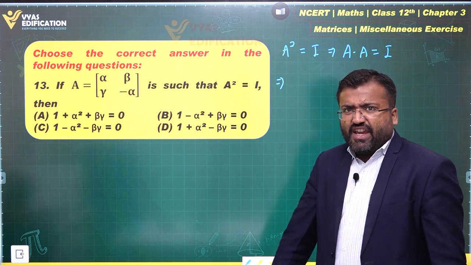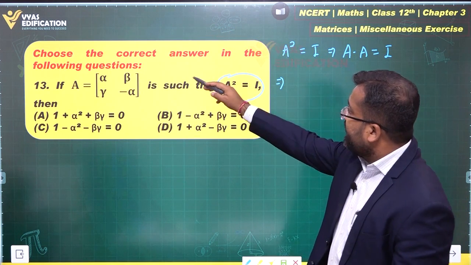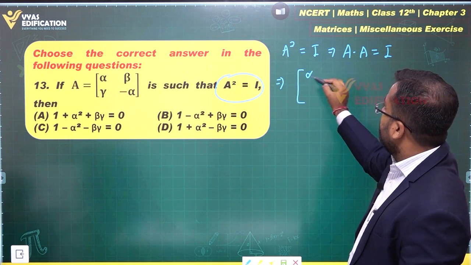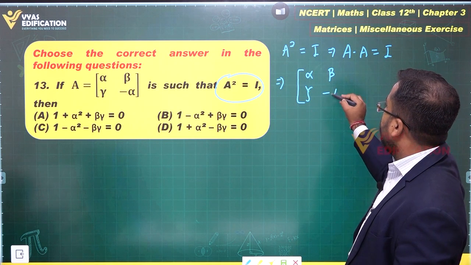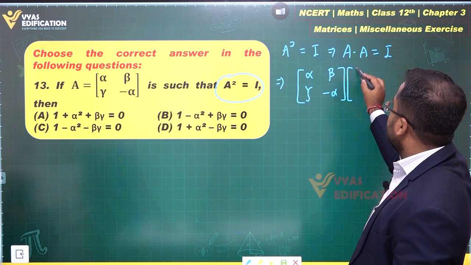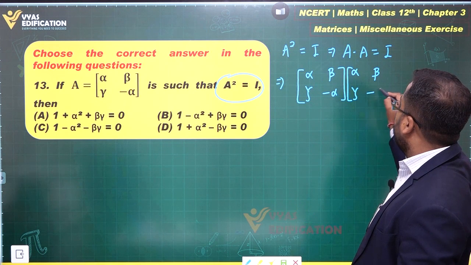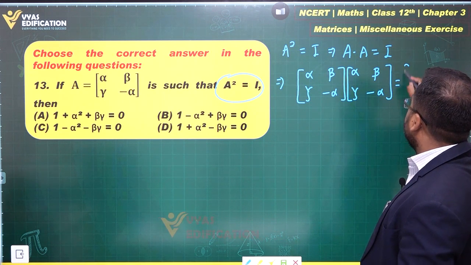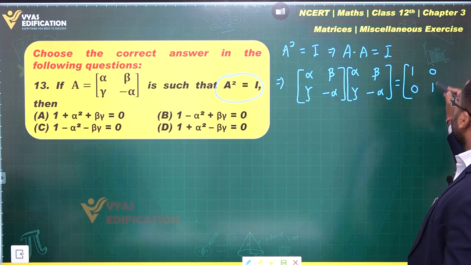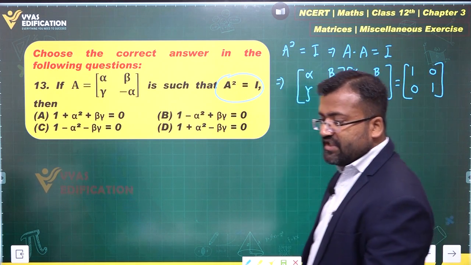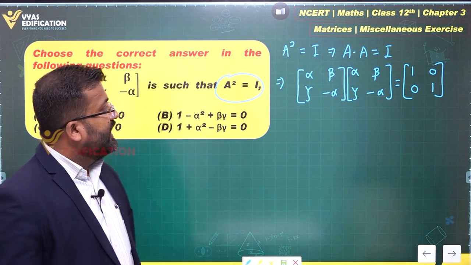Now what is matrix A? Matrix A is [alpha, beta; gamma, minus alpha], which is equal to the identity matrix [1, 0; 0, 1].